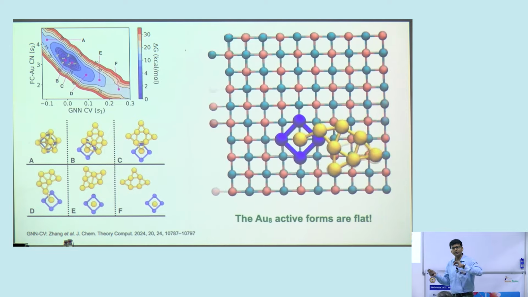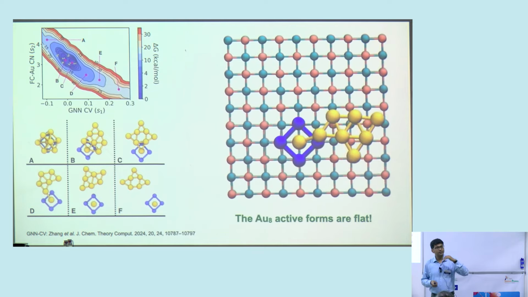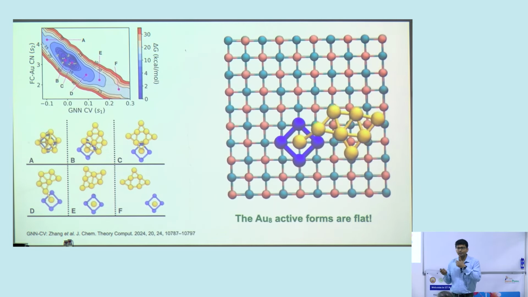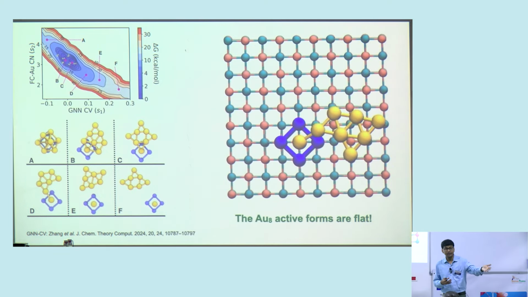Previously, a lot of people studied this system 20-30 years back, some pioneers in the field, and they claimed that the three-dimensional structure is the dominant one based on some Gaussian, some gas phase calculations. But this is not the case. When you apply real temperature, real pressure, and entropy, this simulation is realistic thanks to machine learning.